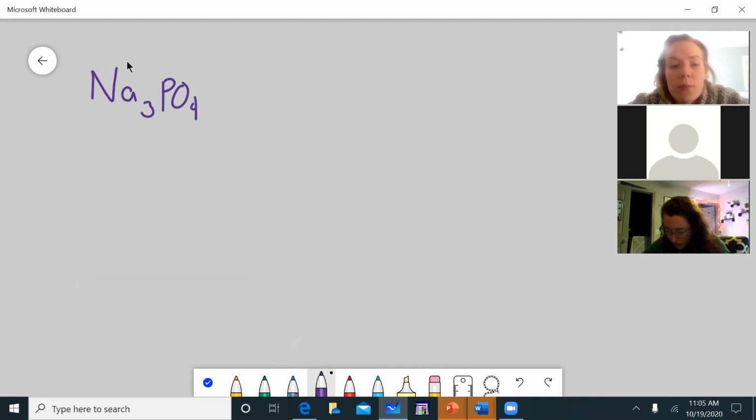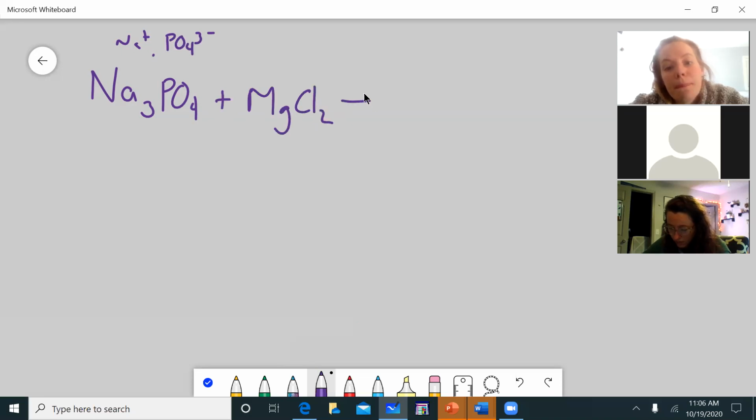The reason that there's a 3 here is because, remember, sodium has a plus 1 charge, and phosphate, PO4, has a 3 minus charge, so it's getting flip-flopped. So we've got Na3PO4 plus magnesium chloride, which was MgCl2. And they recombine to produce sodium chloride, NaCl, and magnesium phosphate, which would be Mg3(PO4)2.